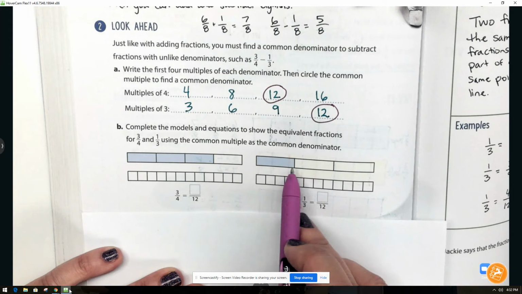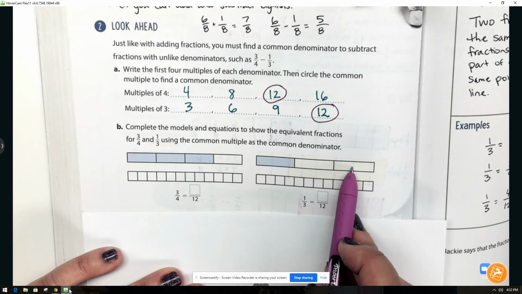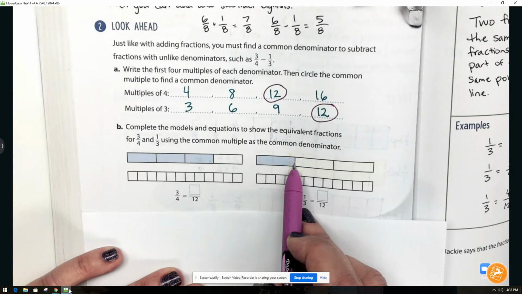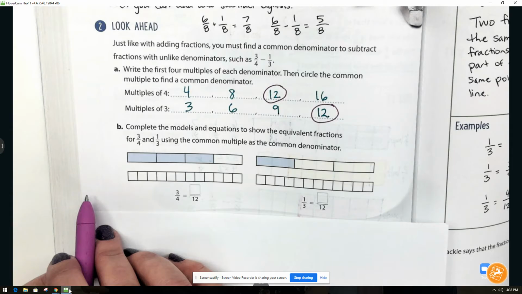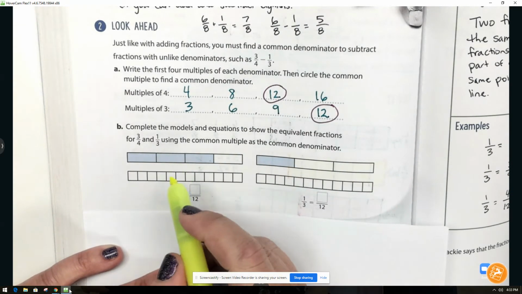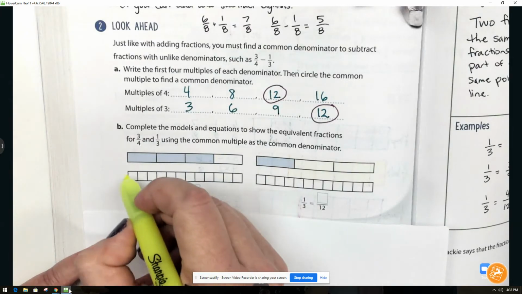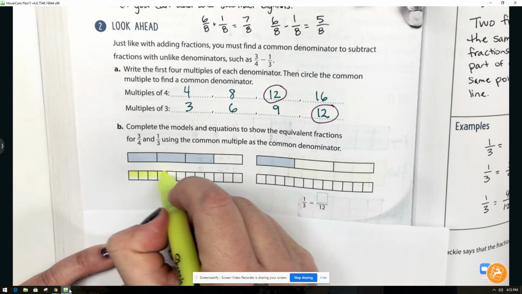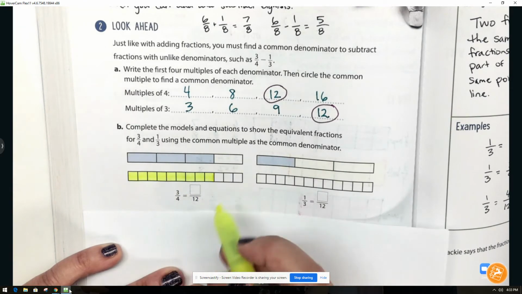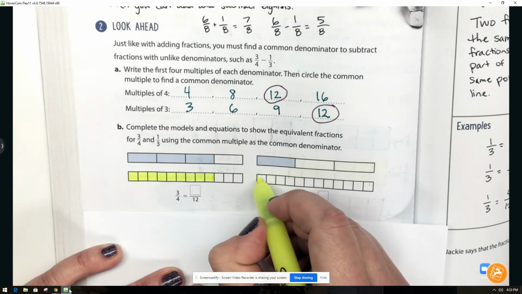This bar model shows us 1/3 because the bar is broken into 3 sections and we've shaded in one of those sections. Now, to find a common denominator, we're going to shade in the same amount on the bar below, each of these sections.